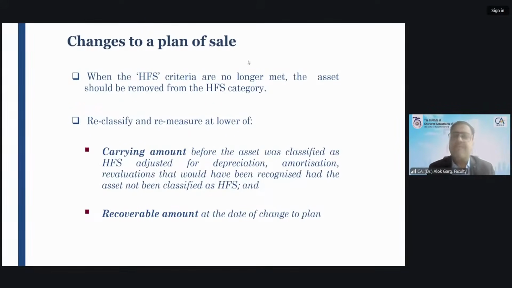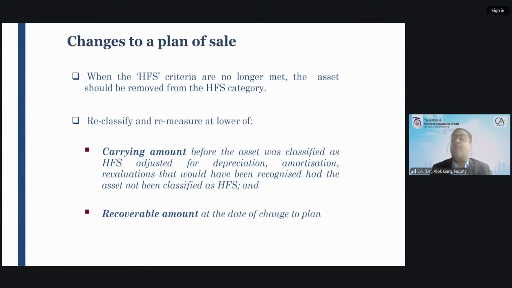Okay, friends, when I'm talking about changes to a plan of sale, normally in my regular classes I always give an example of when a change in plan may happen. Let me give you again this example.